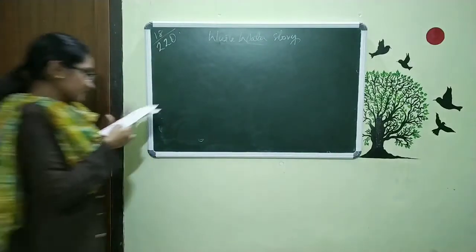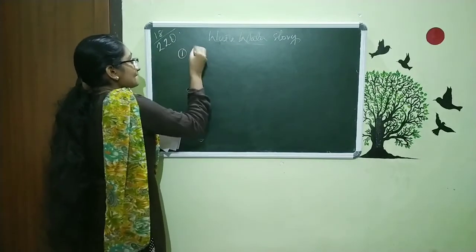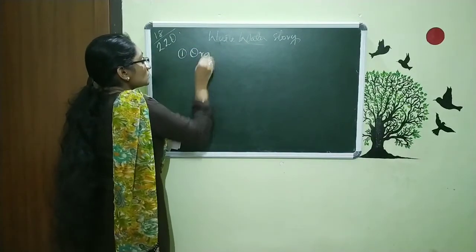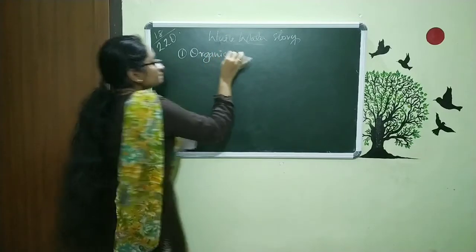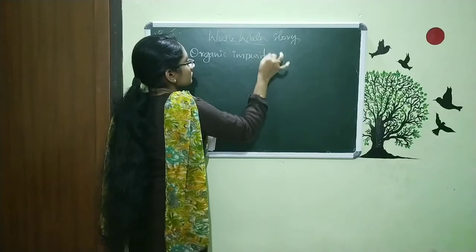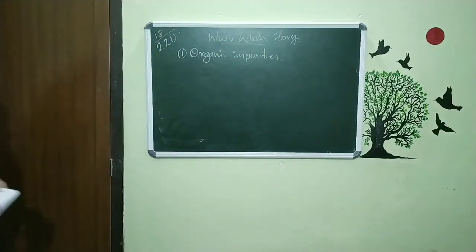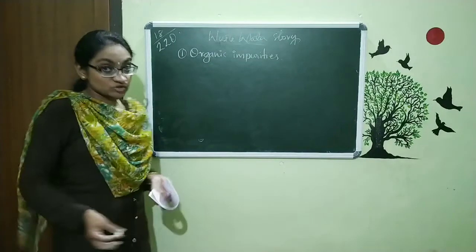The first type is organic impurities. Organic impurities means natural things.